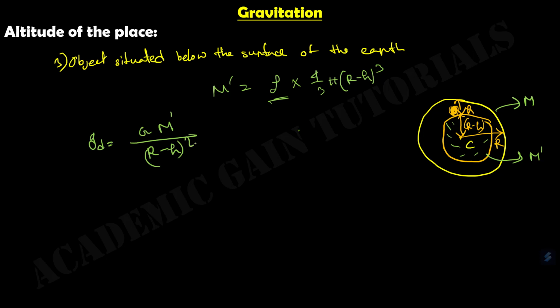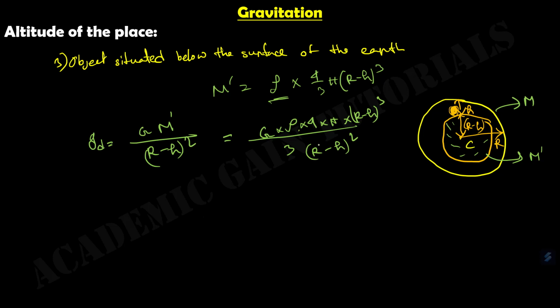And our distance is (r minus h) whole square. Now we will put the value of m prime, then we will get g into rho into 4 by 3 into pi into (r minus h) whole cube divided by (r minus h) whole square.